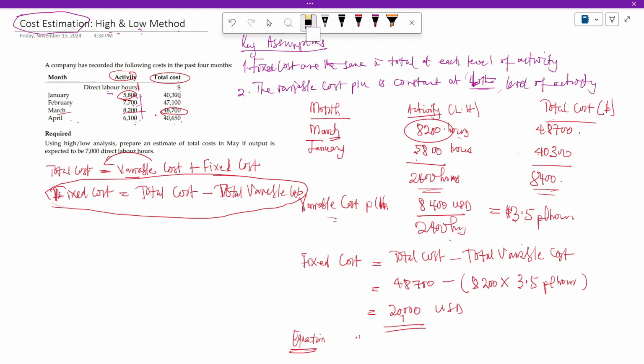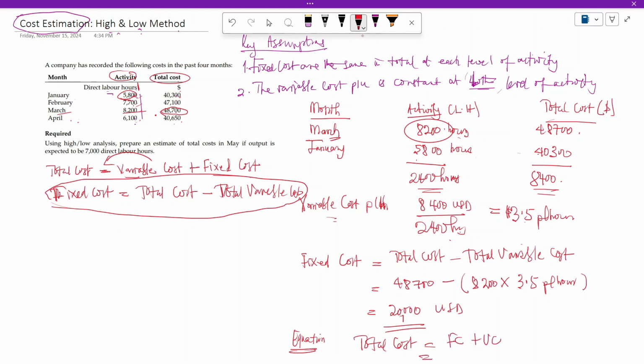So the total cost is equal to the fixed cost plus the variable cost.